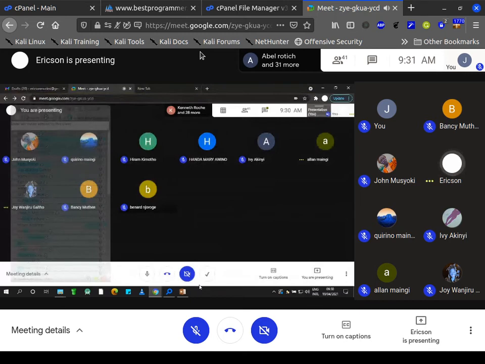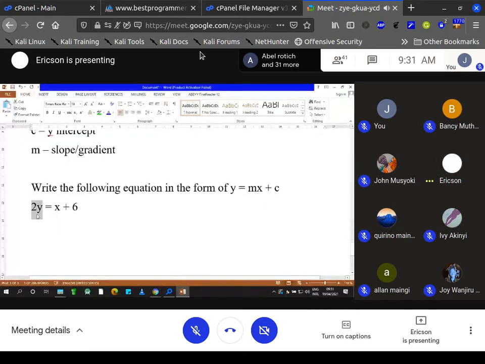You should divide this left hand side to be left with the y, and also divide the right hand side by 2. When you're dividing the right hand side by 2, it will divide each individual term by 2. So here, this y divided by 2. So that's how you do it.